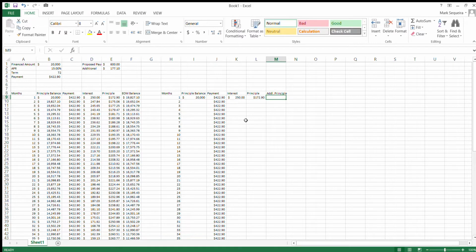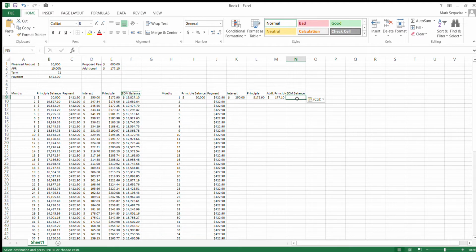For that, we'll just reference the cell, which is the additional amount that we want to put towards our principal. Then we'll fix that cell also, and we'll put this other column there.